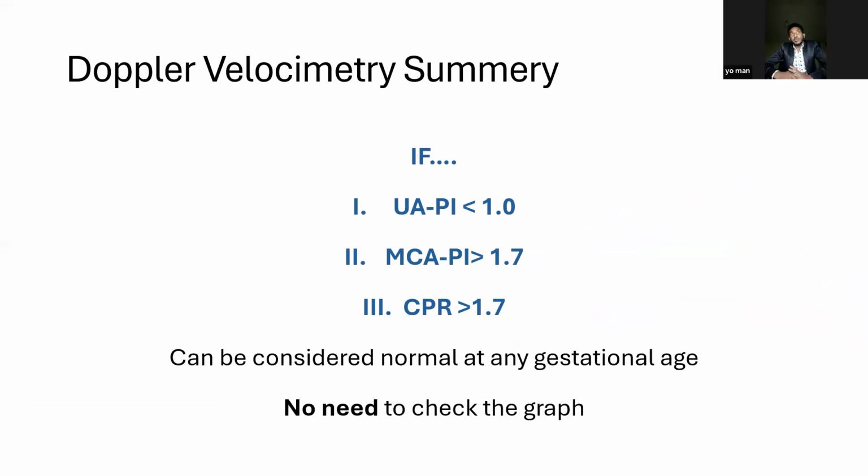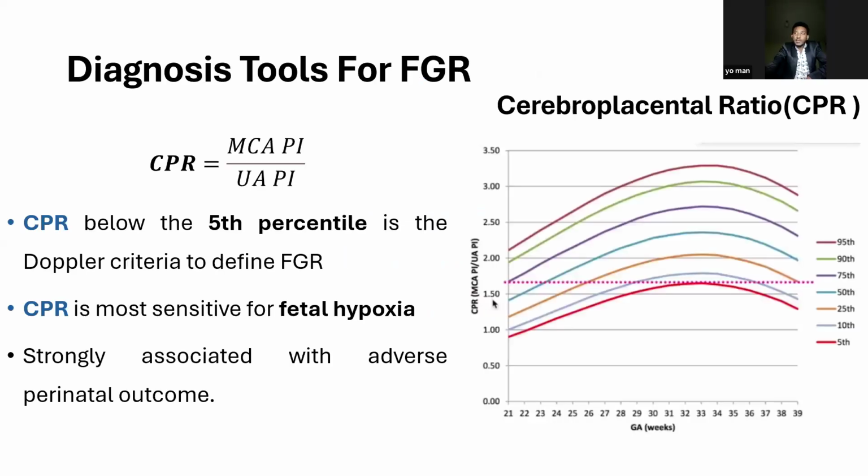Let's summarize the Doppler velocimetry data, and let me give you some chit chat that I proposed earlier. So do the 3 vessel Doppler. If you found the uterine artery PI less than 1, and MCA PI greater than 1.7, which is the 5th centile, and CPR ratio as indicated here, the lower margin is here, and 1.5 around this is 1.7.